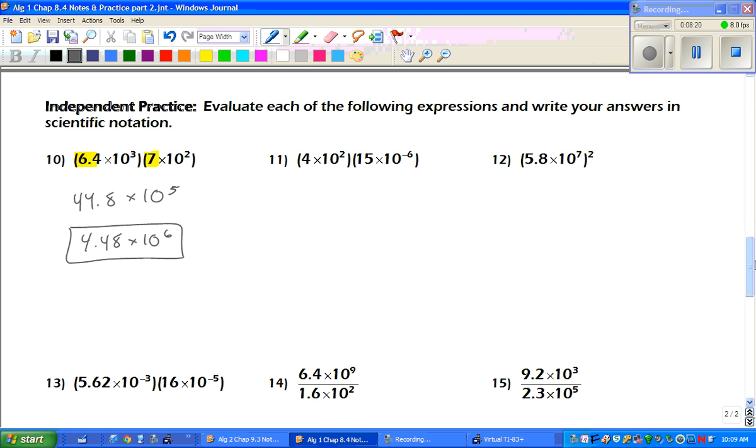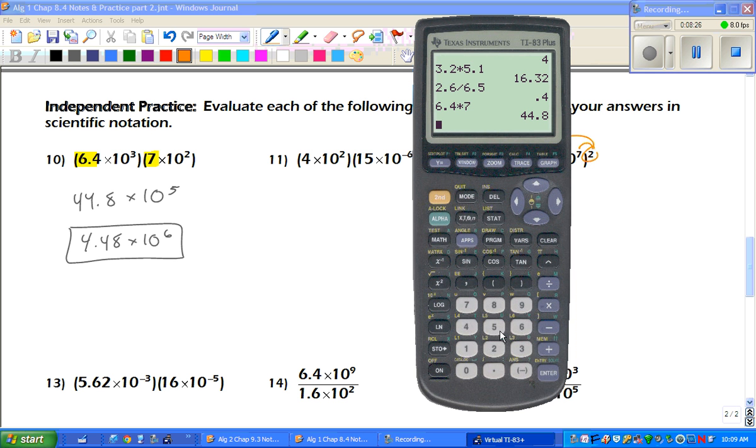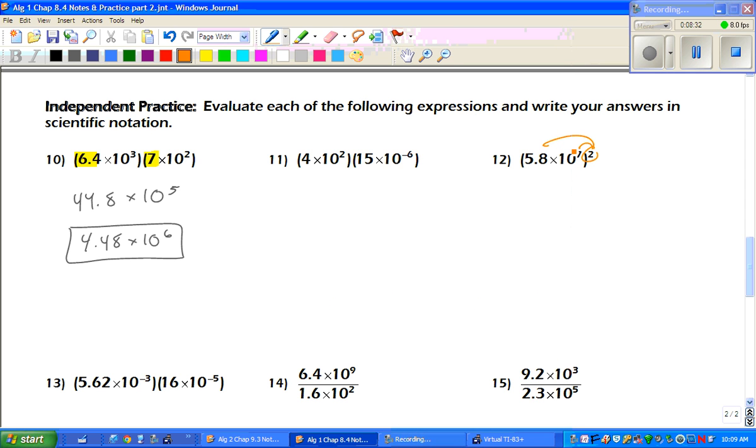All right, let's do 12. We'll do the evens together. Okay, distribute that. You're doing 5.8 squared, which is 33.64. So 33.64 times 10 to the 14th. And you're going from a big number to a small number, so we add to the exponent.